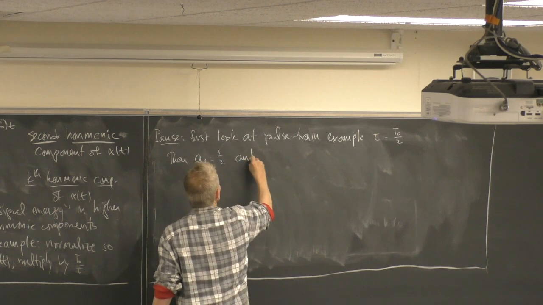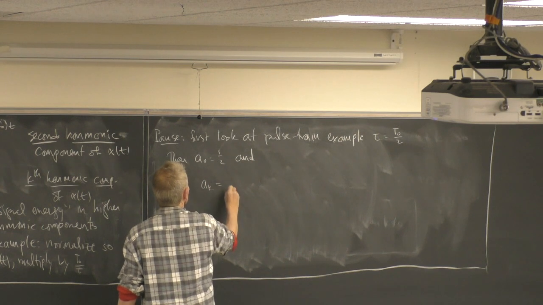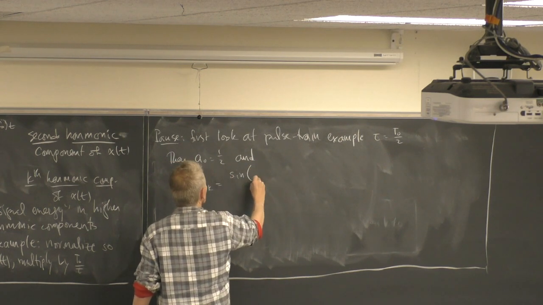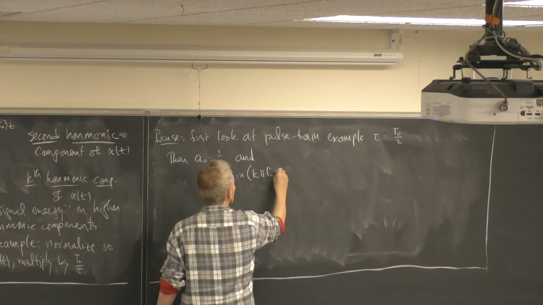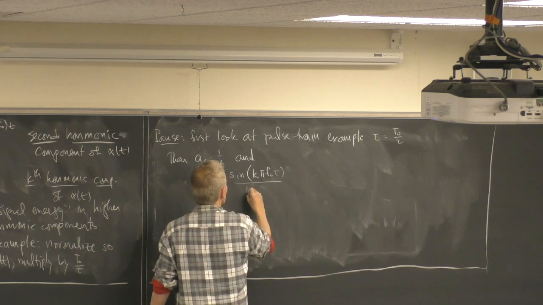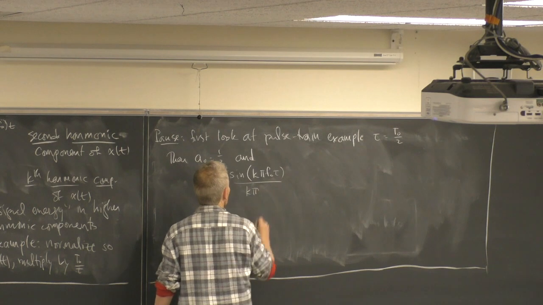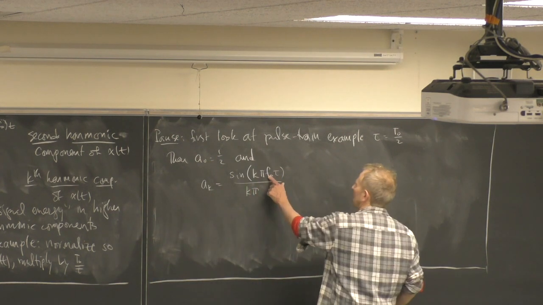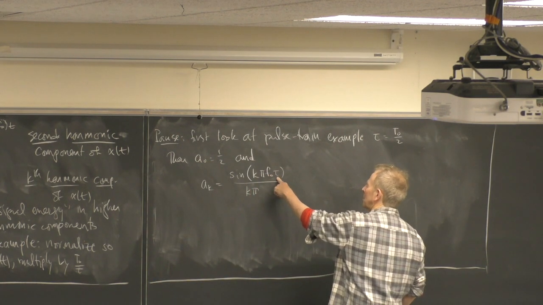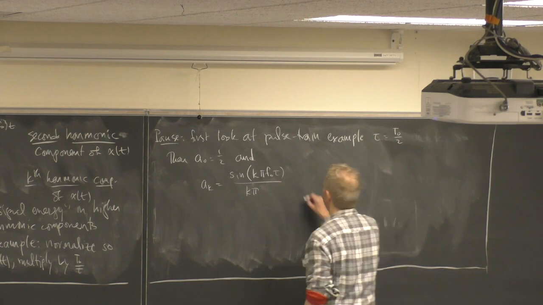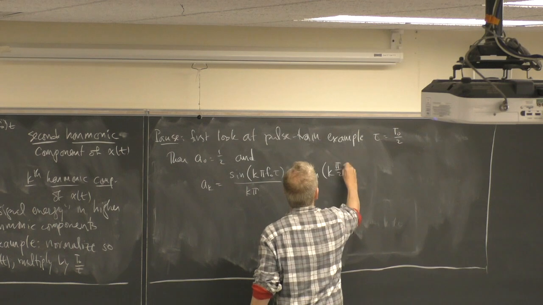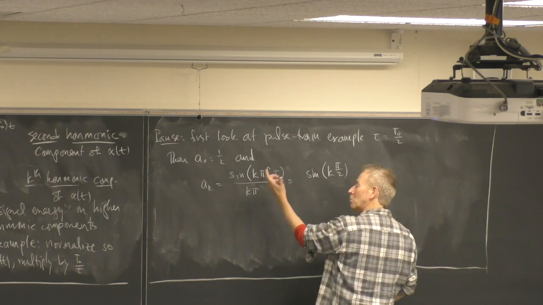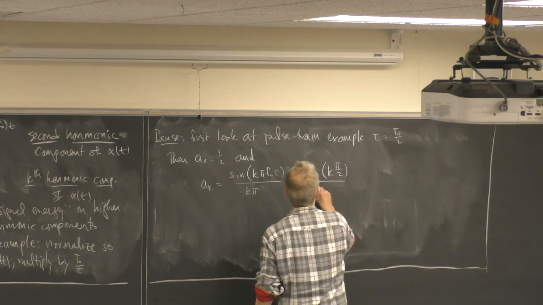And when k is not equal to 0, ak is equal to sine of k pi f0 tau divided by k pi, right? Now f0 tau is f0 T0 over 2. So that's sine of k pi over 2, because f0 T0 is 1, divided by k pi.